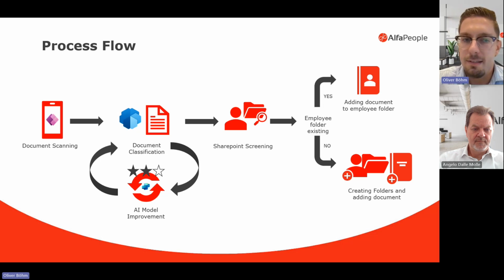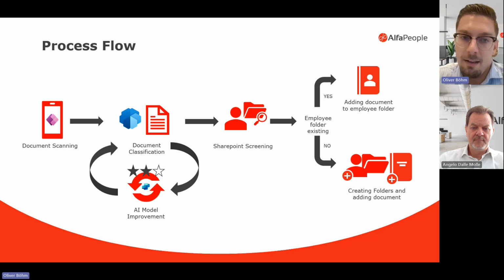Behind this process lies a Power Automate flow, which is basically getting triggered when the documents get scanned with our Power App. And what the Power Automate flow is doing then, it's screening our SharePoint and taking a look if there is already a folder existing for our employee or not.